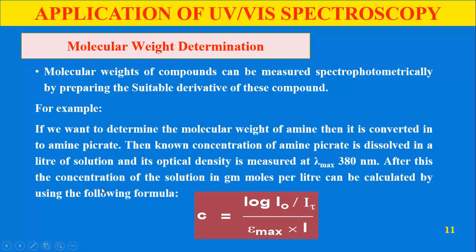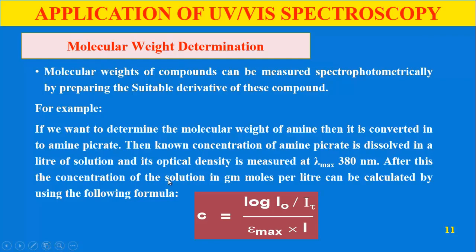Next application is the molecular weight determination. UV visible spectroscopy also helps us to determine the molecular weight of a substance. For example, if we want to determine the molecular weight of an amine, then it is converted into an amine picrate, which is a colored substance. The known concentration of amine picrate is dissolved in a liter of solution, and its optical density is measured at 380 nanometer.